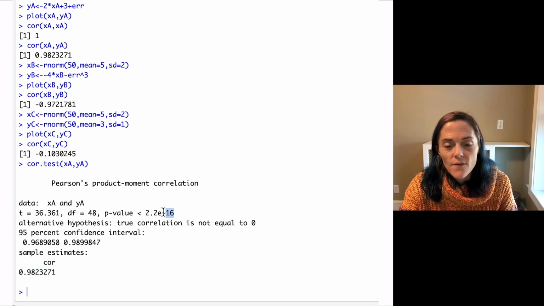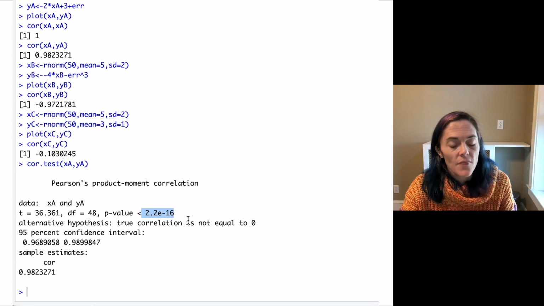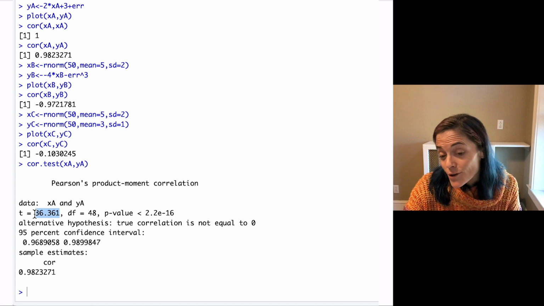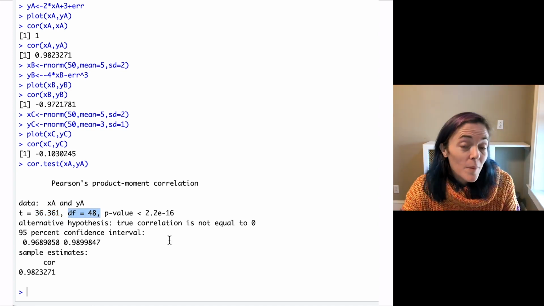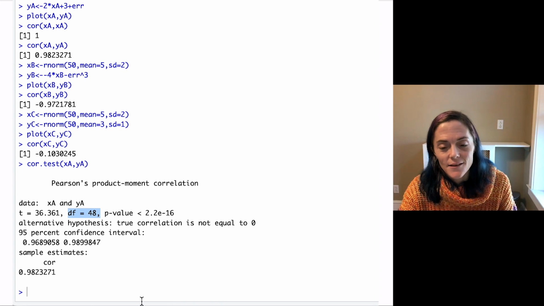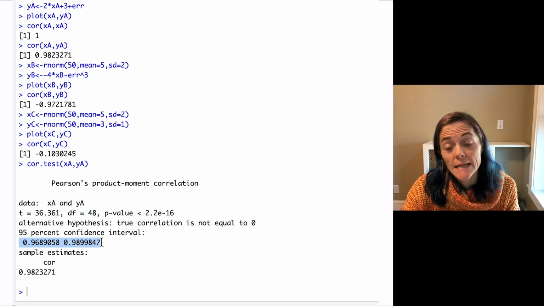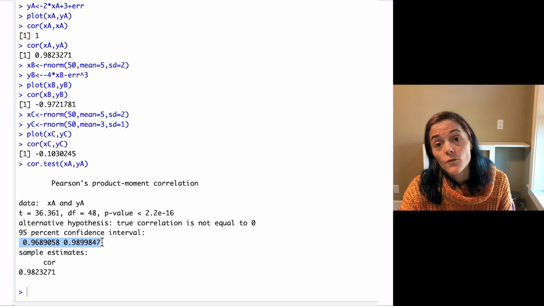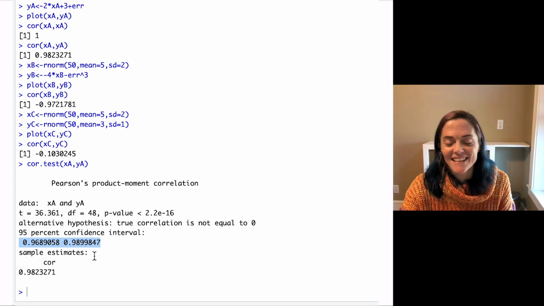You notice this p-value, 2.2 times 10 to the minus 16. This is very small. You also see the t observed, and because my n is 50, our degrees of freedom will be 48 for all 3 different examples.